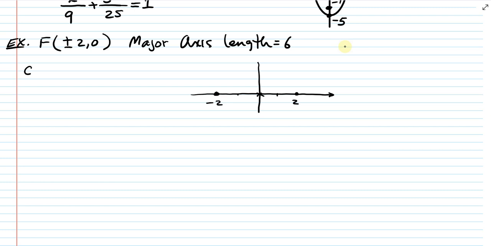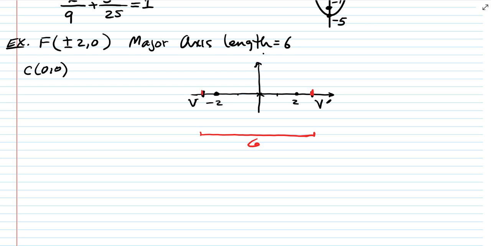So from this, I know center is at 0, 0. The major axis length is 6. So the endpoints of that, remember, are the vertices, V and V prime. And we know this length is 6 units long. From here to here, that's 6 units long.